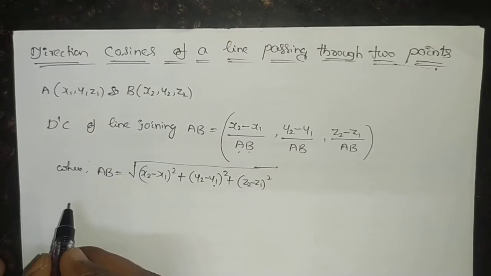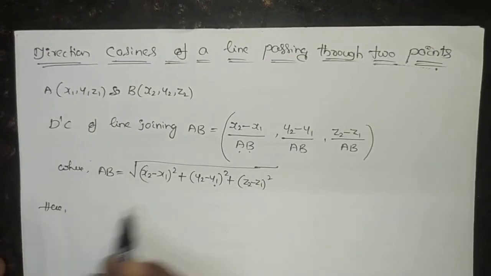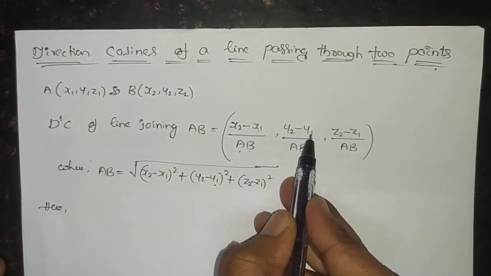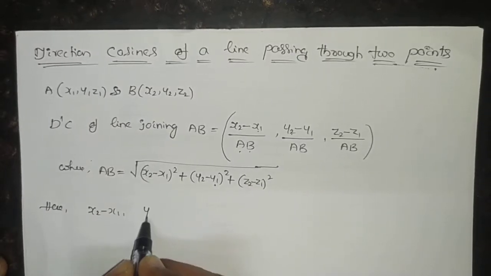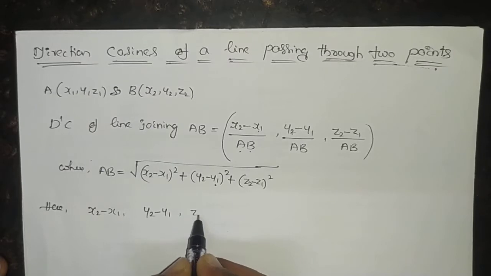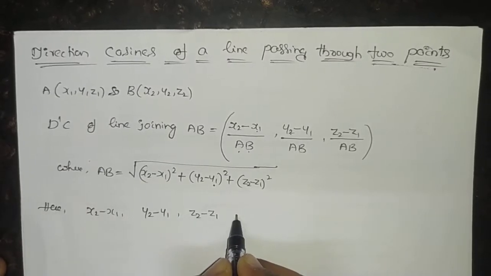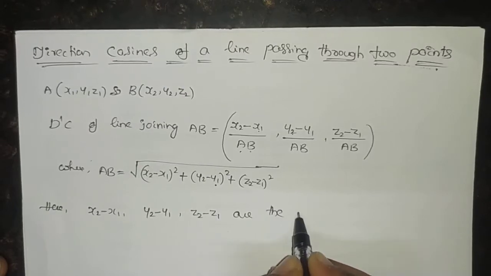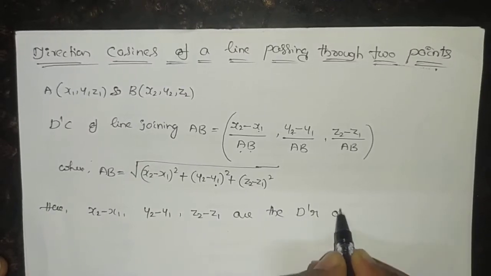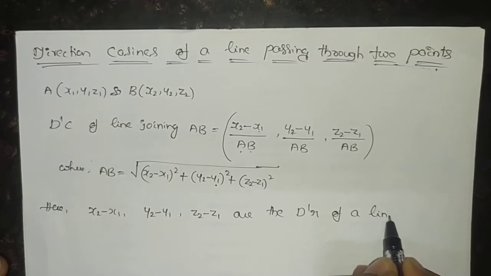Also, x2 minus x1, y2 minus y1, z2 minus z1 are the direction ratios of a line.